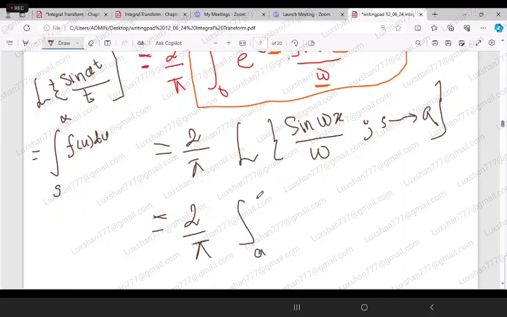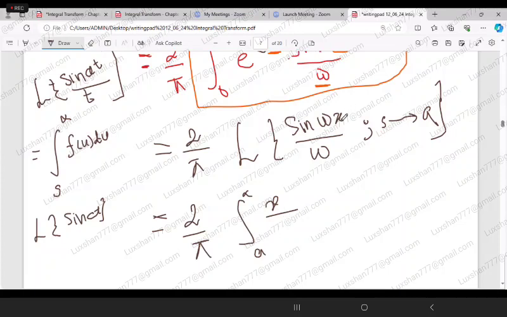Therefore, a to infinity. F of u means Laplace transform of sine at. So Laplace transform of sine at is actually here x over. Okay, here it is x over.